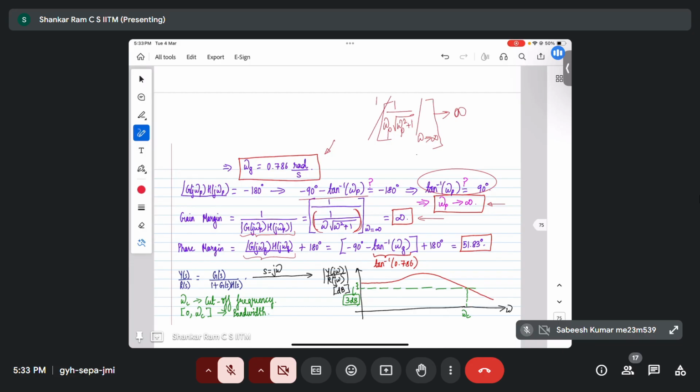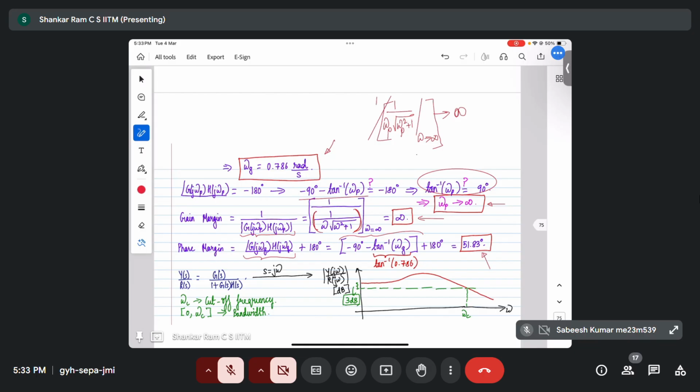Then we go and figure out the phase margin. For that, we figure out the phase at the gain crossover frequency, which is minus 90 minus tan inverse omega g, and then add 180 to that. We substitute omega g as 0.786. If we do the algebra, we get a phase margin of 52 degrees.